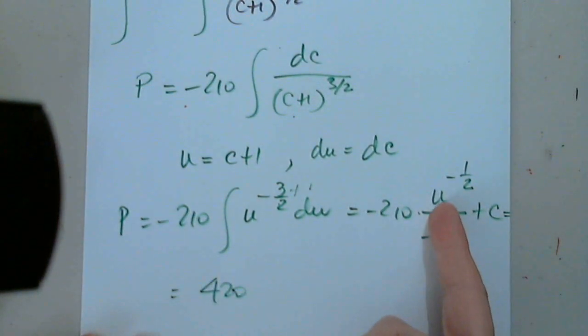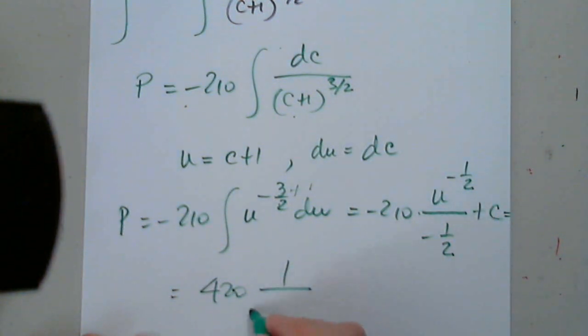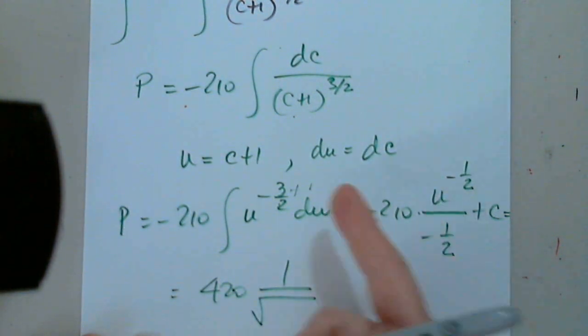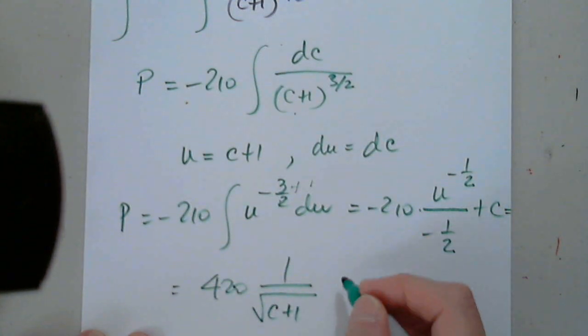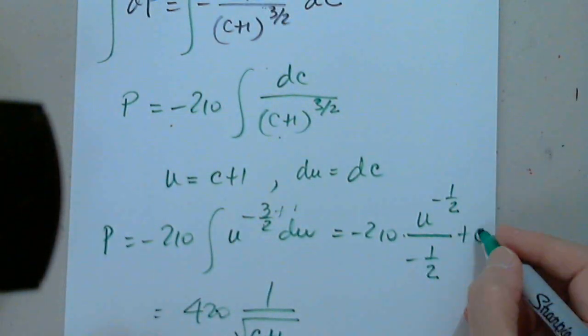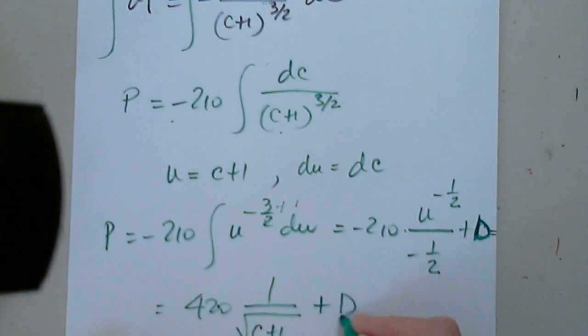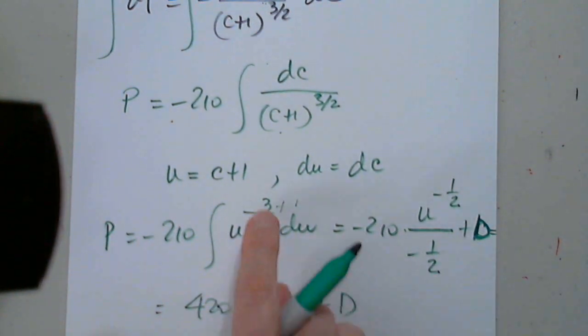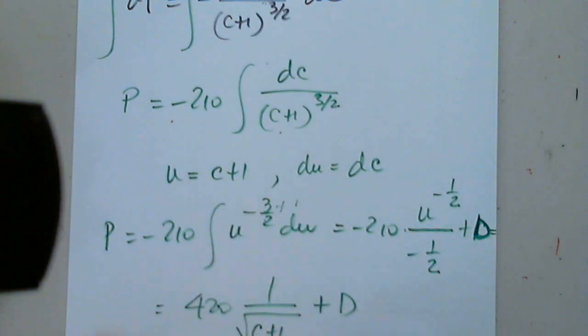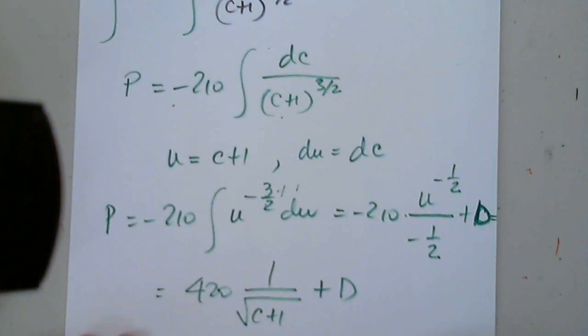And this is 1 over the square root of u, which is C plus 1. I don't like this, I'm going to write D here, sorry. Plus a constant D, not to be confused with the cost. Okay. Good. So this is the solution.